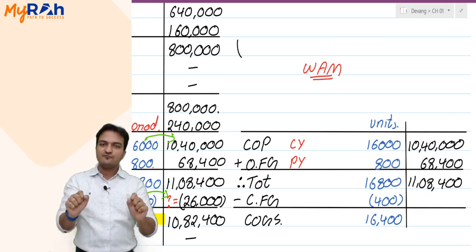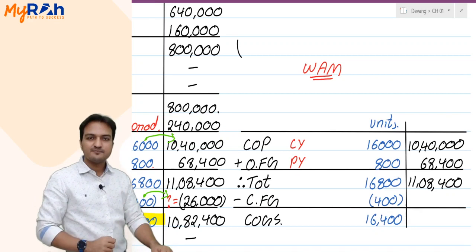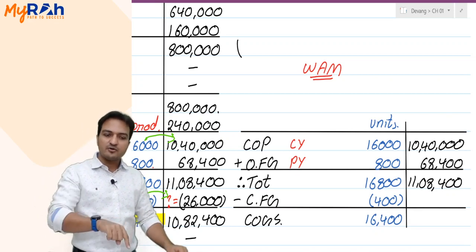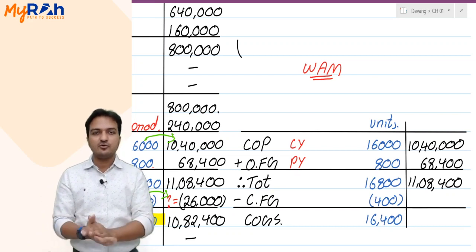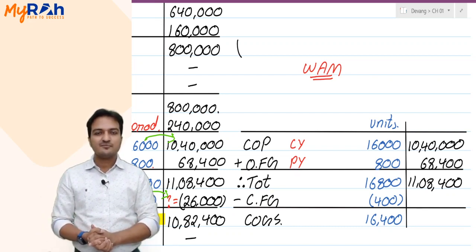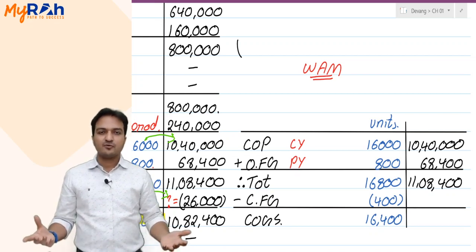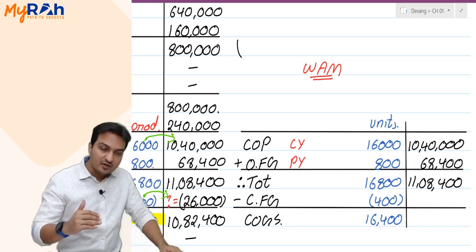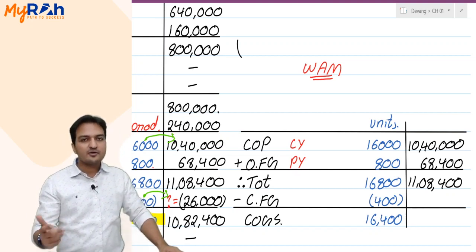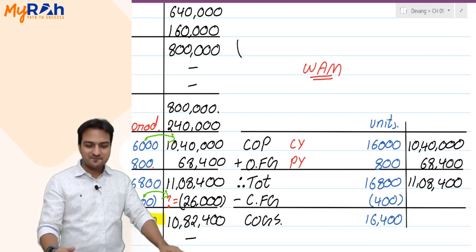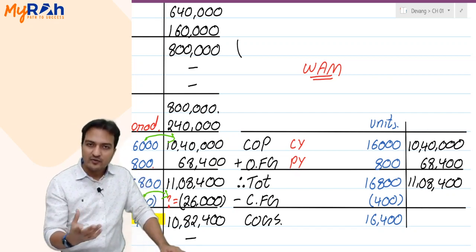Now, when you drive your vehicle, which petrol does it consume first? Does it first consume old petrol, then new petrol? Does it first consume new petrol, then old petrol? Do you know which petrol it consumes? Well, you don't know. Why not? Simple answer, because petrol is a liquid.